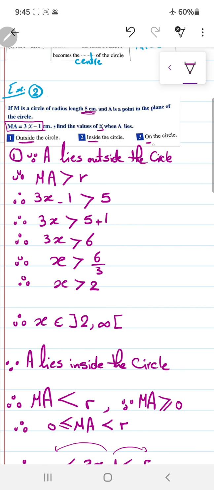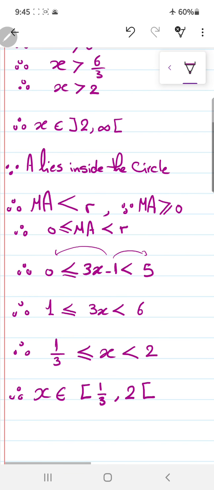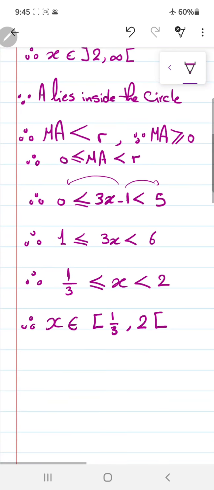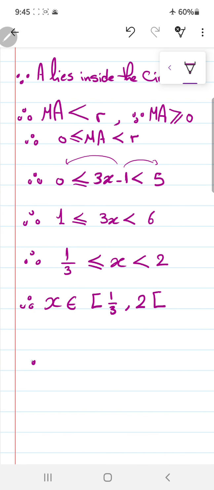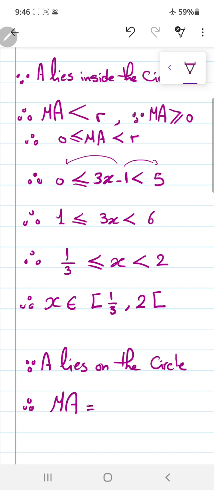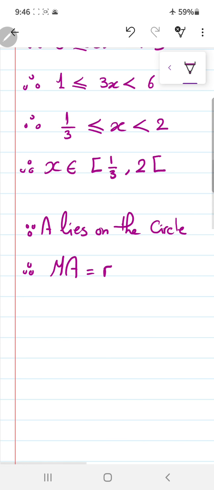Here the last one, on the circle. On the circle means MA equals R. So since A lies on the circle, MA equals the radius R. By substitution, 3x minus 1 equals 5.